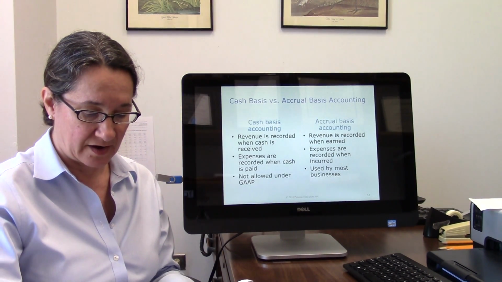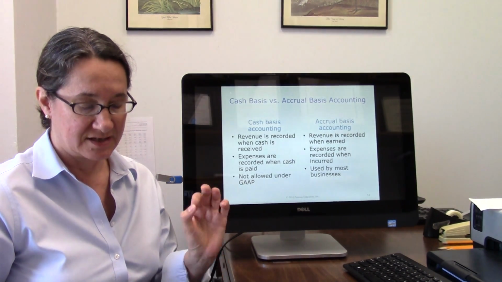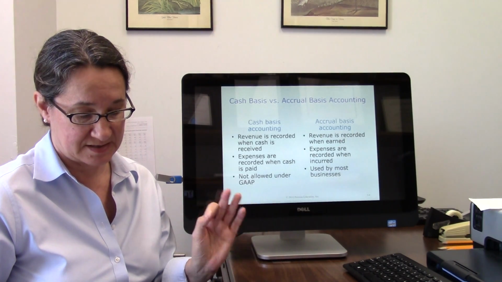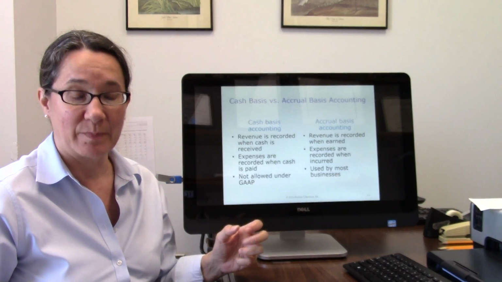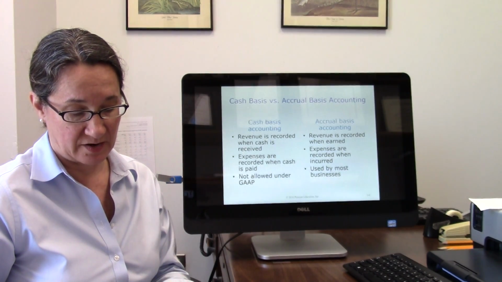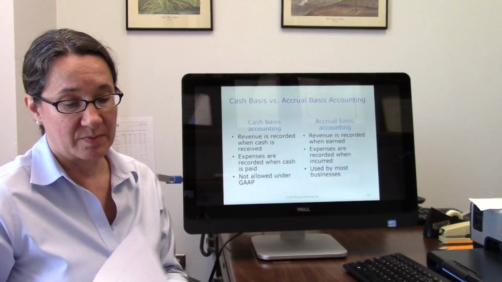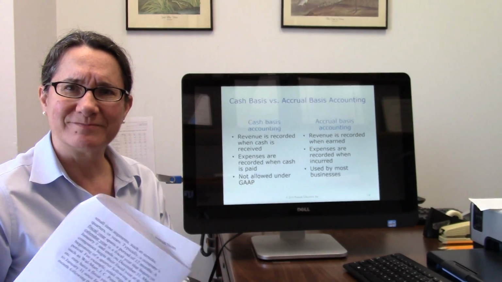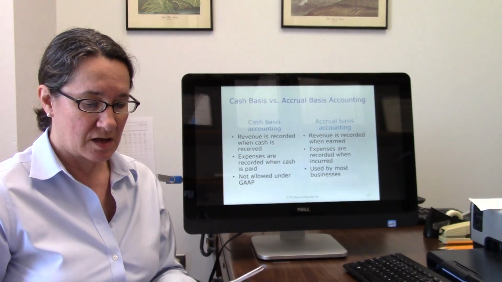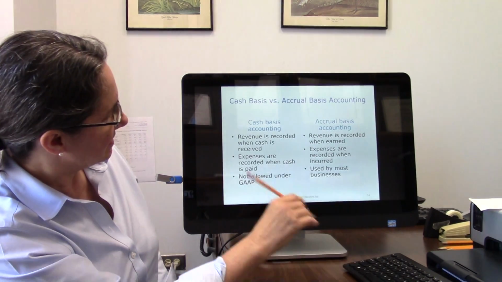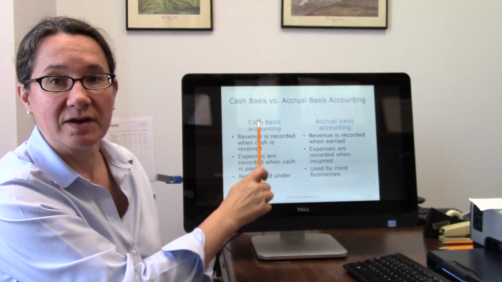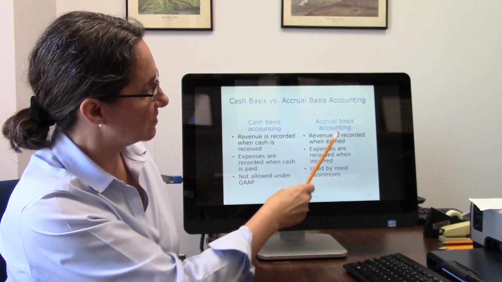Accrual basis accounting is required by generally accepted accounting principles, what we call GAAP. Cash basis accounting is not allowed under GAAP. So that's why we haven't been learning it. All along we've been learning accrual basis accounting. And so cash is, you're only doing a recording when cash changes hands.